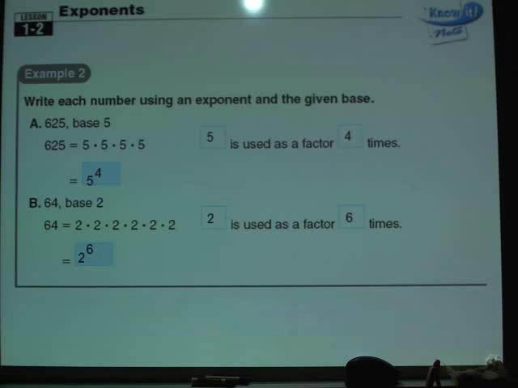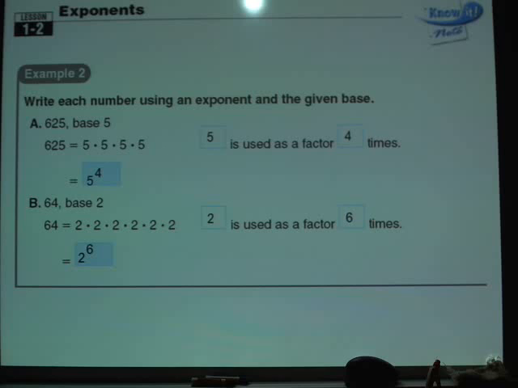Now, a little bit different slant on the same type of problem. What they're giving us here in example 2 is the base, that big number, and they're telling us what the power equals. And we're supposed to figure out what the exponent would be to make this work.